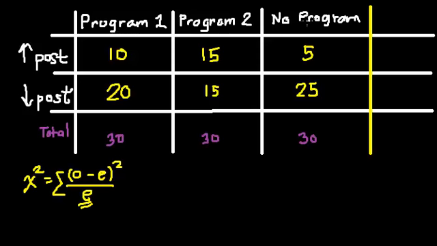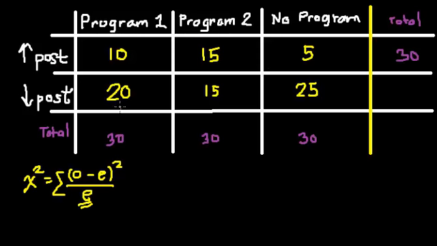Now we can also get the total of students who passed, who had a higher score on the post-test, and in that case that's 10 plus 15 plus 5, that's 30 students who passed the post-test.